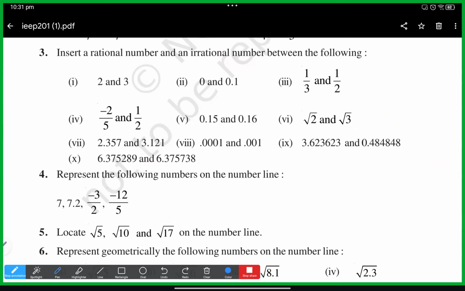This is 0.1... this is actually 0.0001, and this is 0.001.